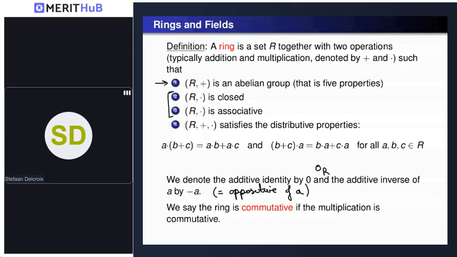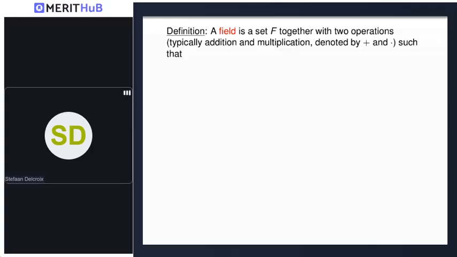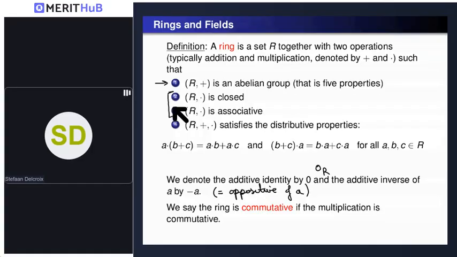It doesn't refer to the addition because the addition was supposed to be commutative already. So similarly, if you have an identity, it's regarding the multiplication because we already know we have an identity under addition. Okay, so that is a ring. 2 out of the 5 properties for the multiplication.